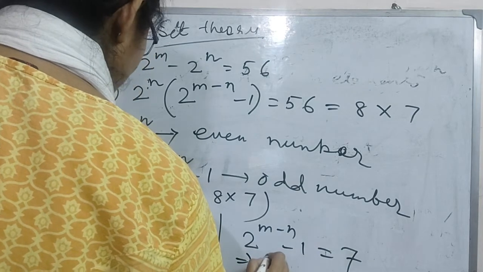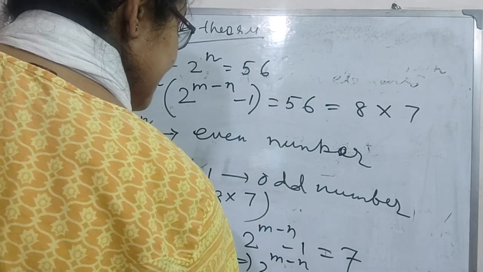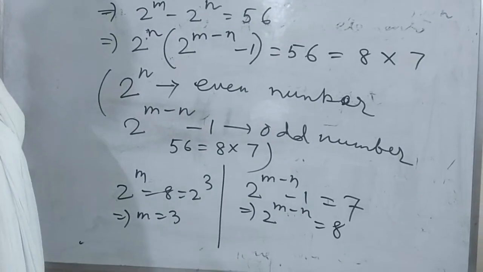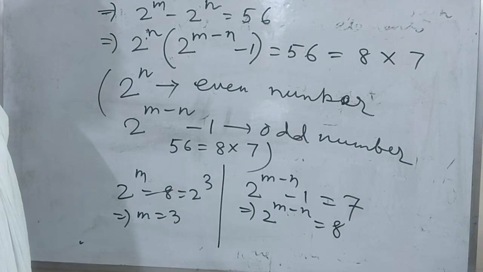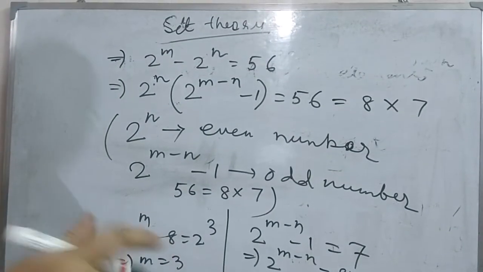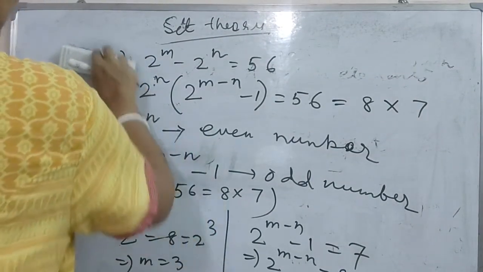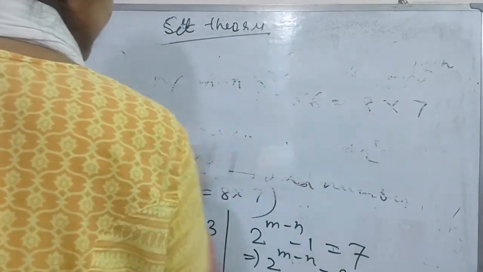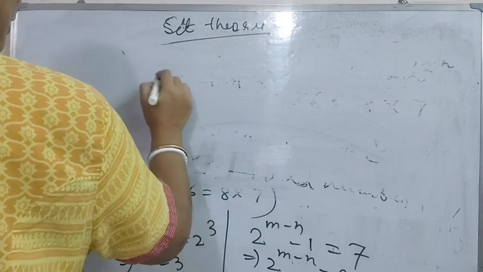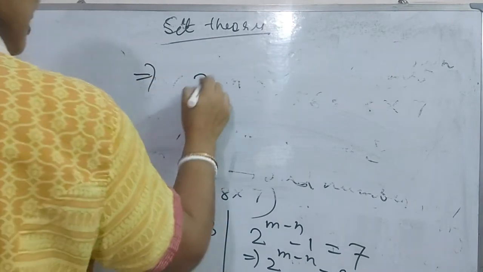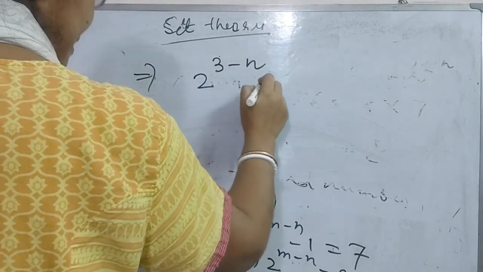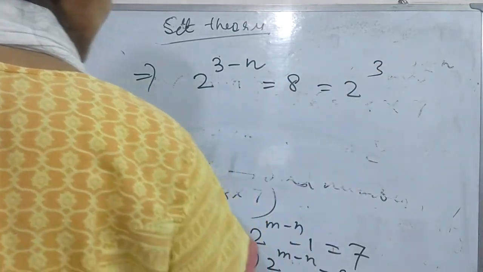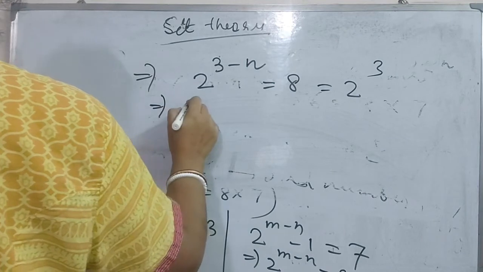So, 2 to the power m minus n is equal to 8.